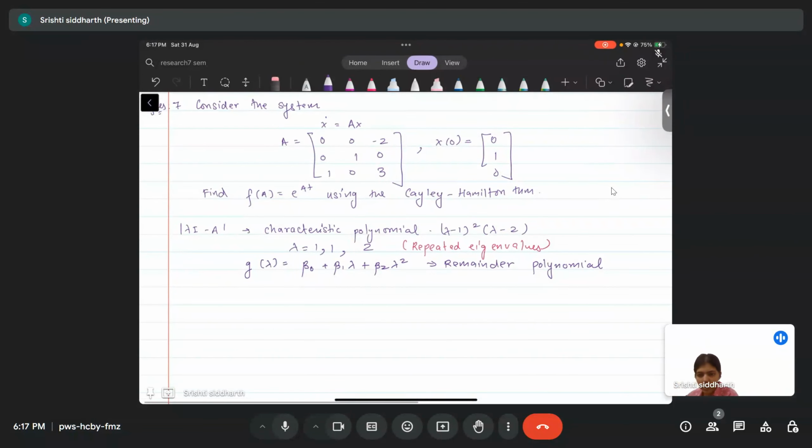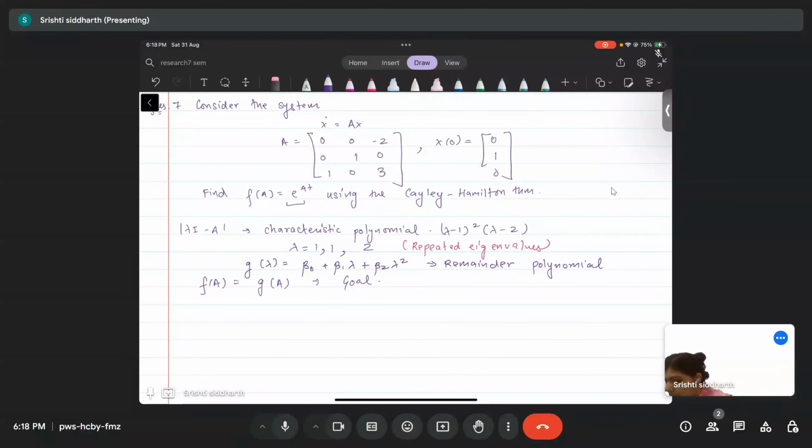We want to calculate g of lambda such that when we have these coefficients beta 0, beta 1 and beta 2, we can find out what g of A is, and we already know that f of A is g of A. So we would have found out what the state transition matrix is going to be. Okay, so this is the goal.